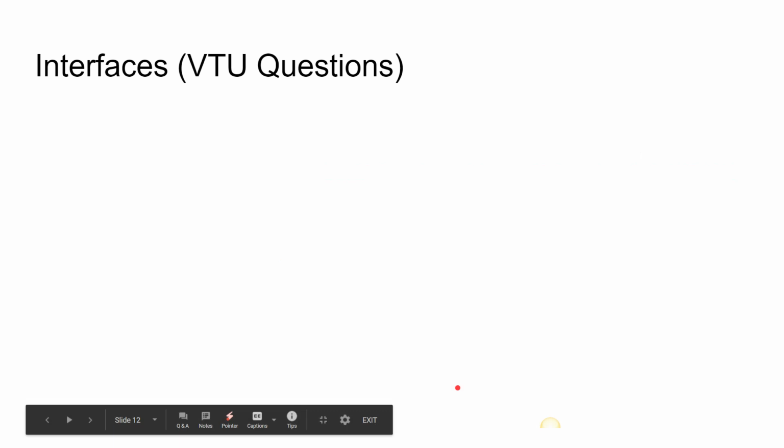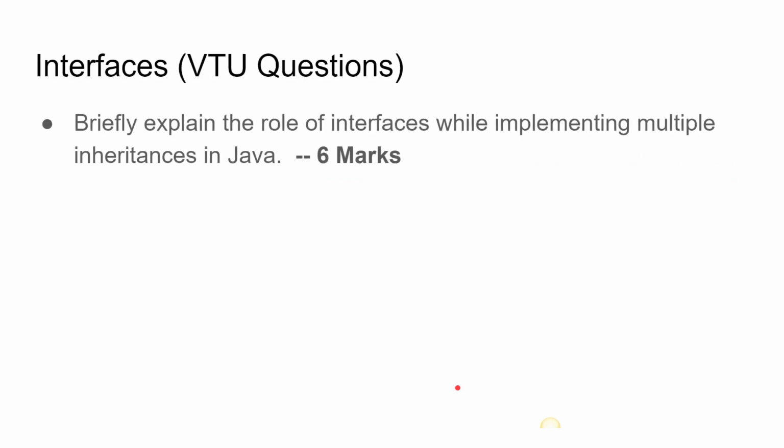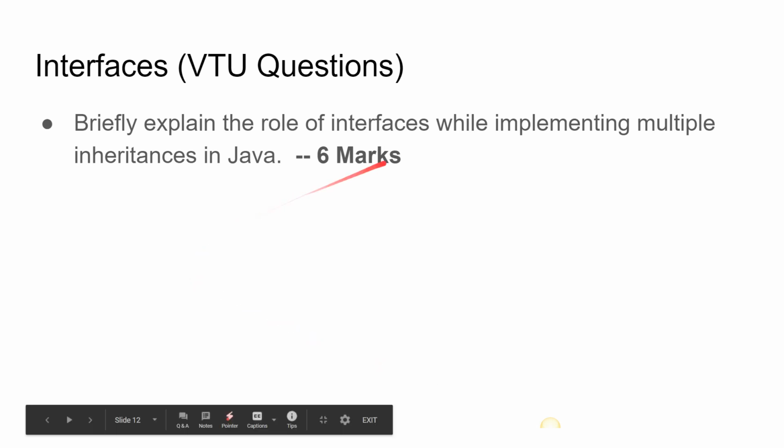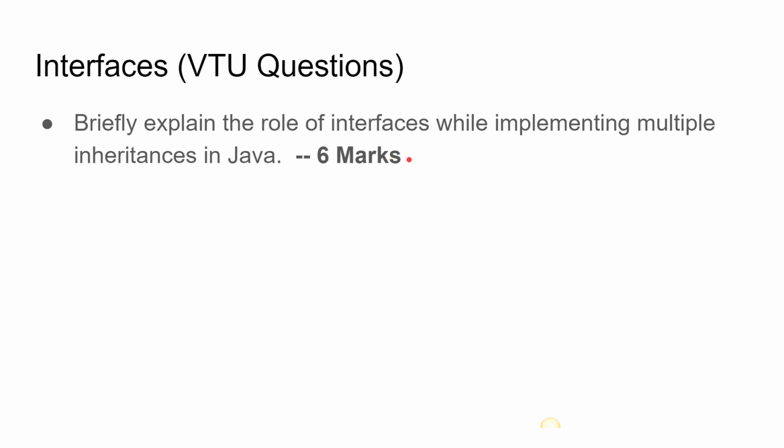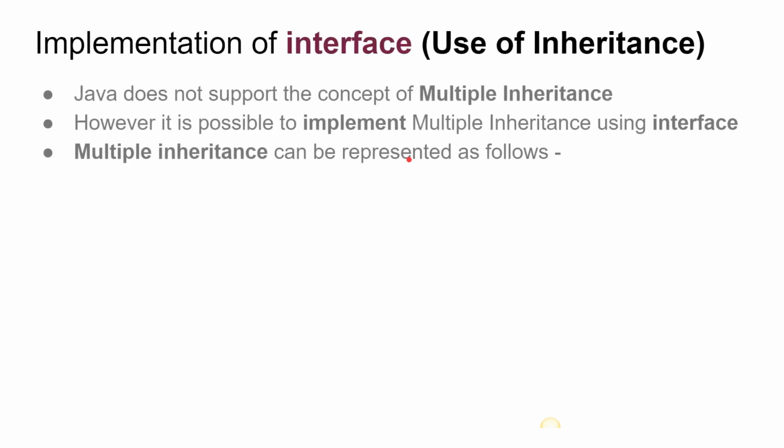And implementation of inheritance. So, multiple inheritance, you know, right? Briefly explain the role of interface while implementing multiple inheritance in Java. What is the use of interfaces? Java does not support the concept of multiple inheritance, you already know that.